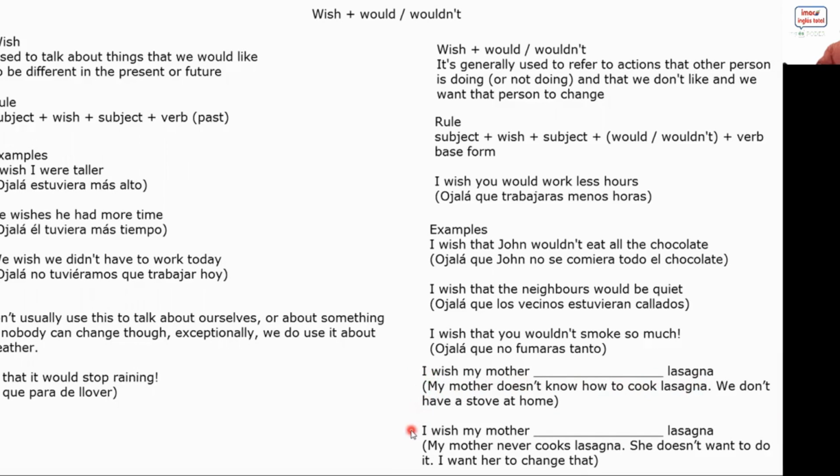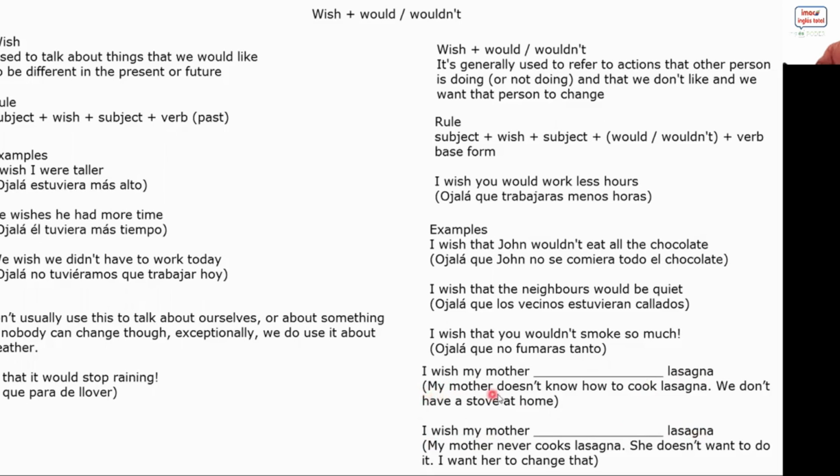And they look identical to me. And I'm sure they look identical to you. However, we're talking about different situations. Let's see. I wish my mother lasagna. I wish my mother lasagna. Let's analyze this situation.